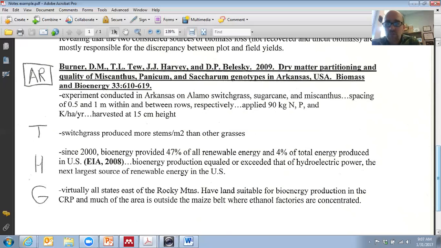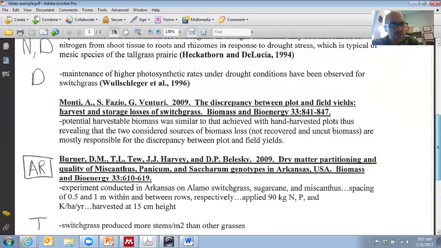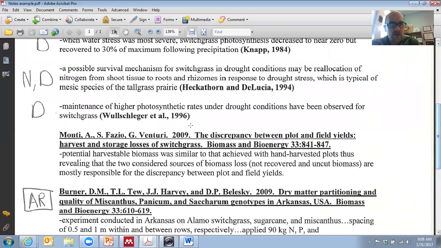And then a lot of times what I'll do is I will annotate it. That's what these letters on the side are for. They relate to specific themes that I've identified, things that I want to talk about. In trying to remember what some of these letters stand for, D in this case stands for drought. N stands for nitrogen.